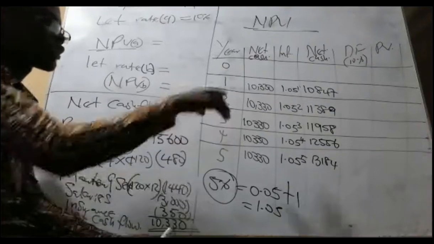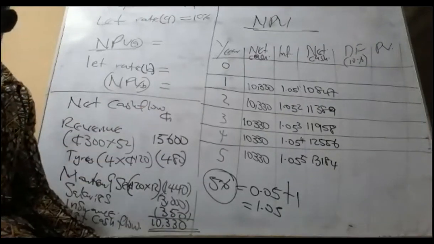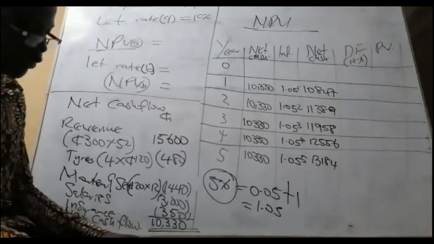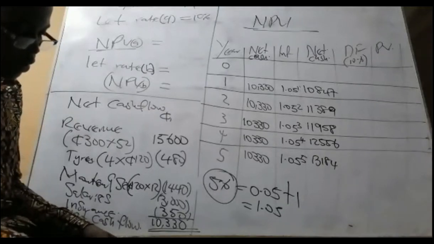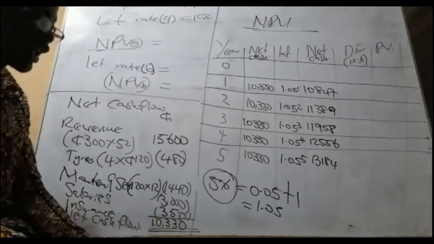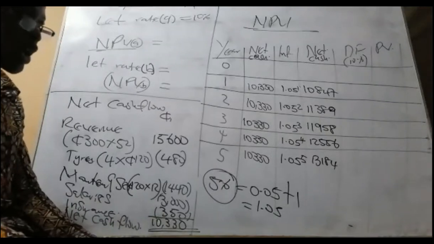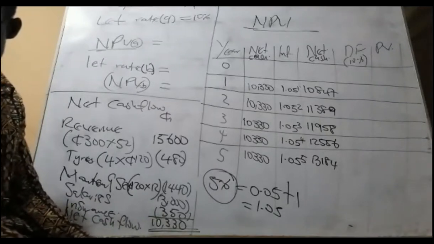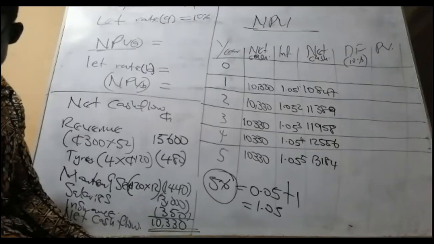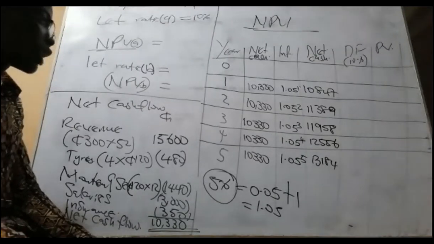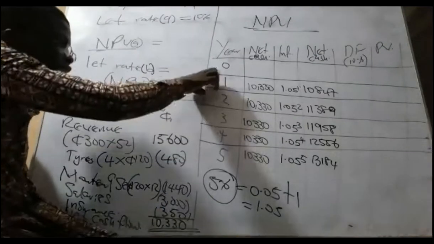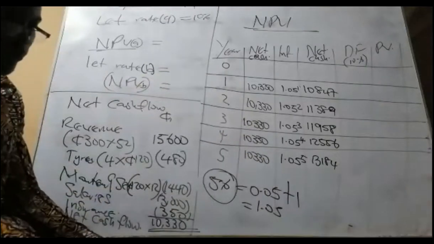So these are the cash flows that we are going to use to calculate the NPV. So we can go ahead and calculate the NPV for the first rate. Great. Now to calculate the NPV for year zero, put the cost of investment there.